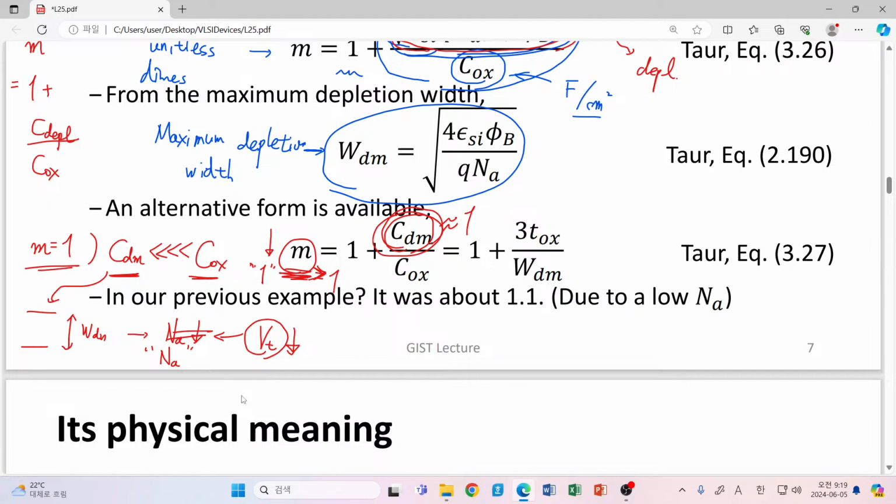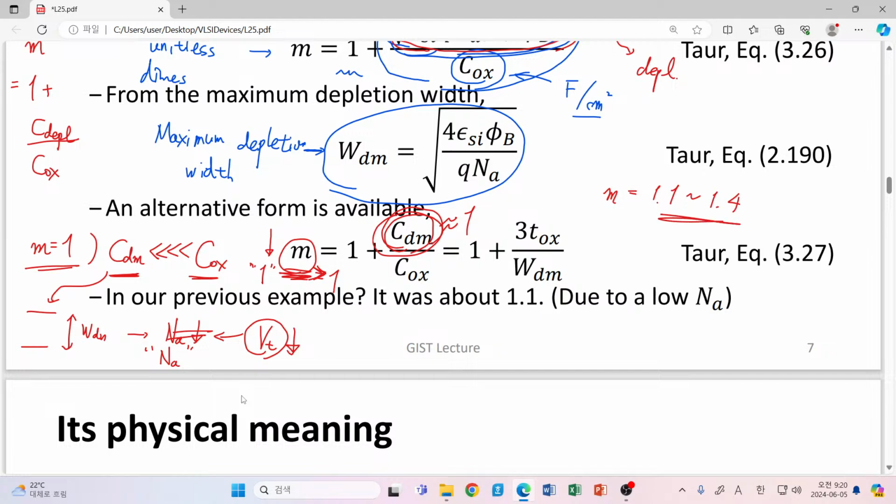So practically in former times, when people were working with this planar MOSFET case, they had to make some compromise between their M values and actual threshold voltage adjustment.